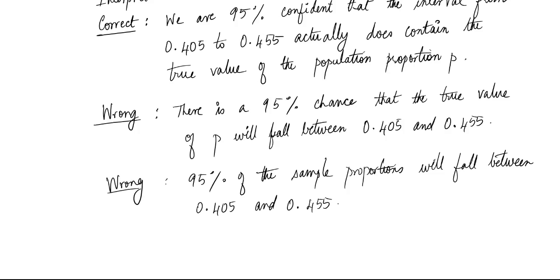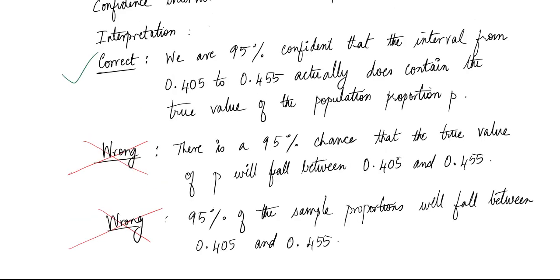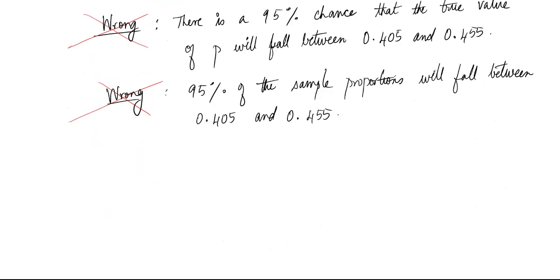That is incorrect again, because nowhere in either wrong version have you mentioned your confidence. The 95% is not the probability of this happening or not; it's a probability that indicates the confidence level. So you have to use language that involves confidence: we are 95% confident. I want to make that very clear.